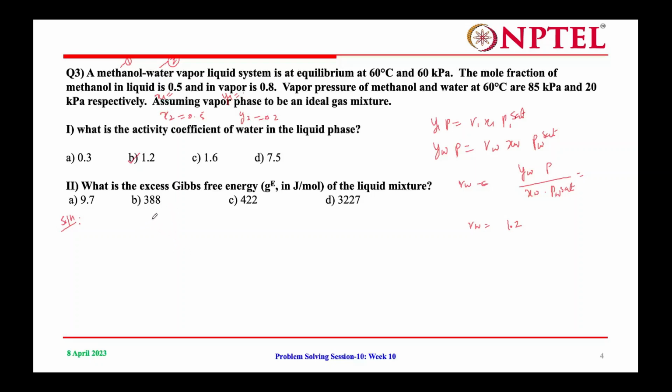So we know the relation G^E by RT is equal to summation x_i ln gamma_i. So here it is a binary solution, so x_M ln gamma_M and so on. Right.